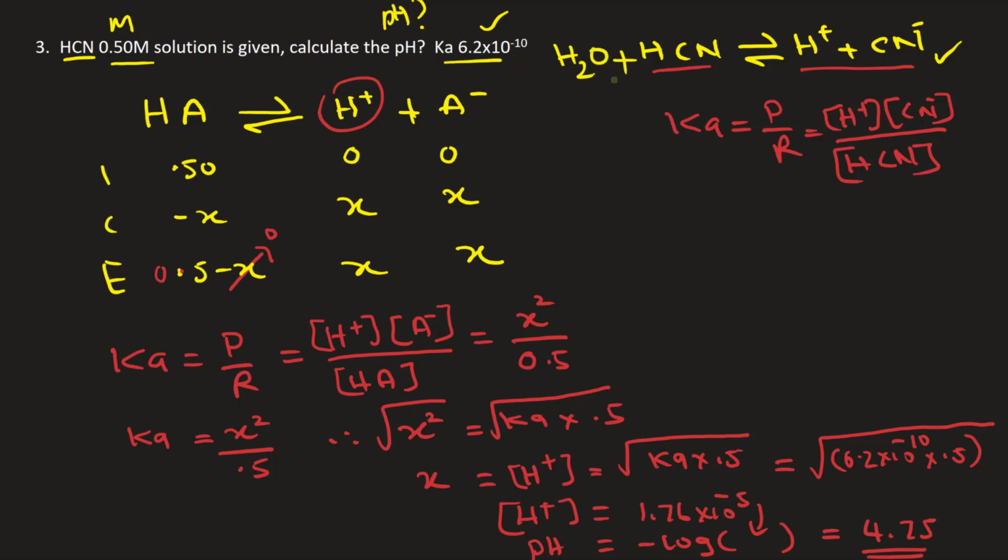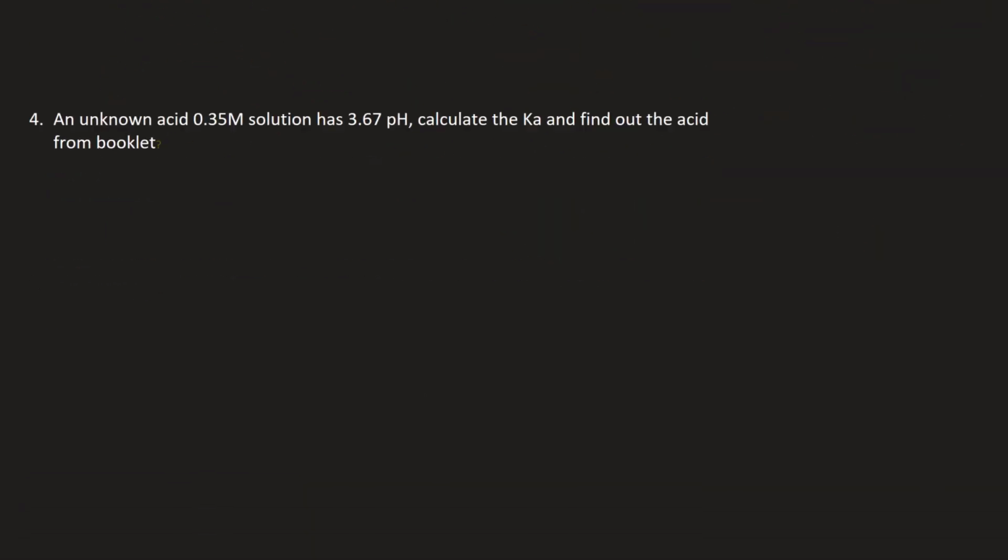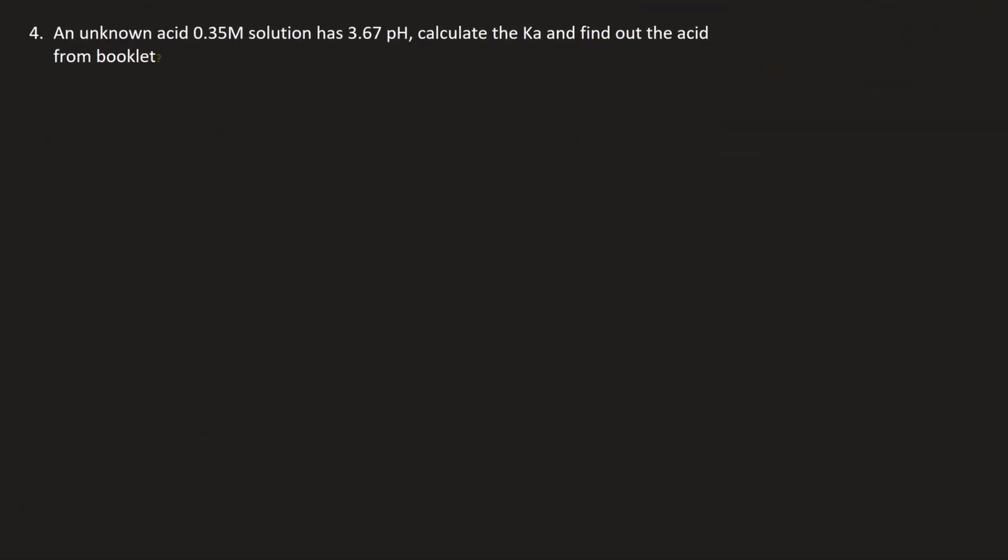It's good to know this way of writing because there could be multiple choice questions with this one. If you have water, you can add water there for the equation, but not for the expression, because liquid water doesn't go into the expression. But H plus could be H3O plus, right? So those are the little variations you can have in your exam. So just a reminder.